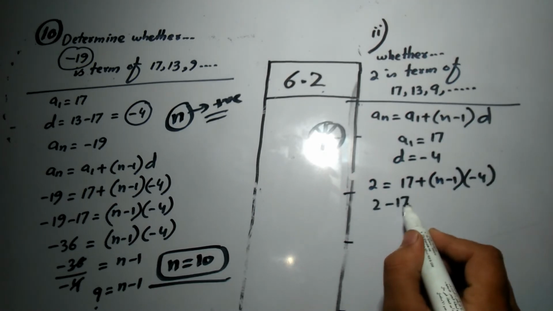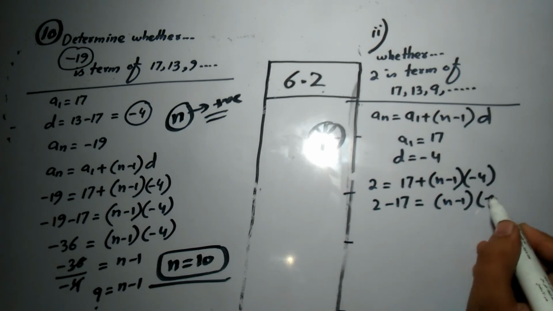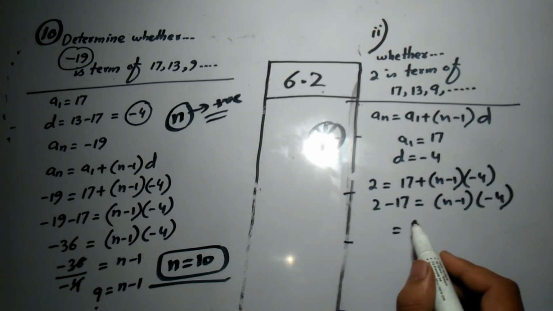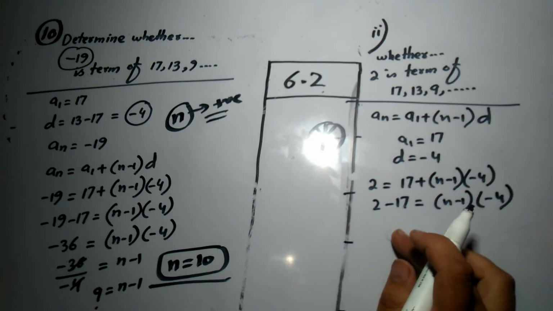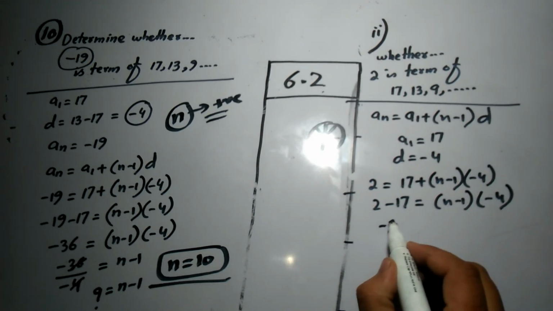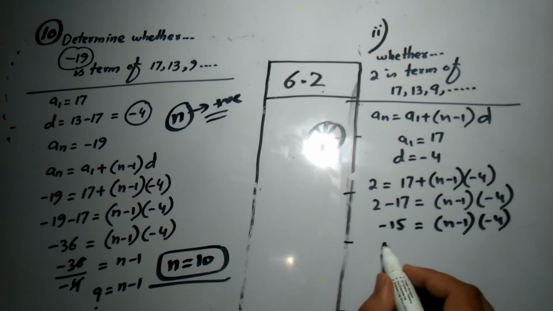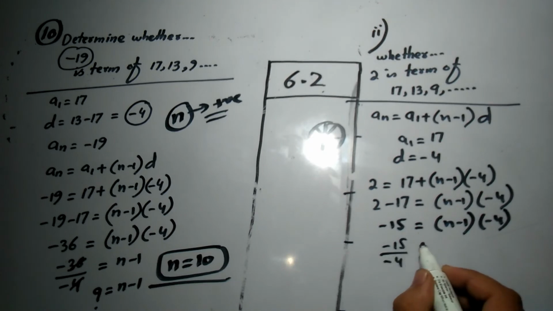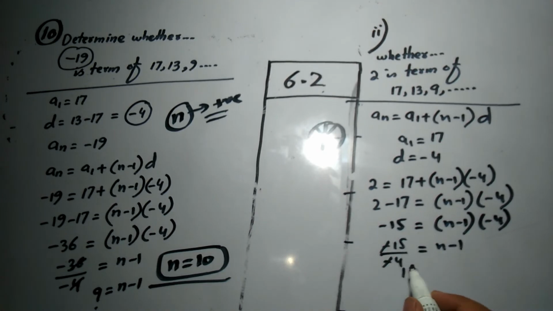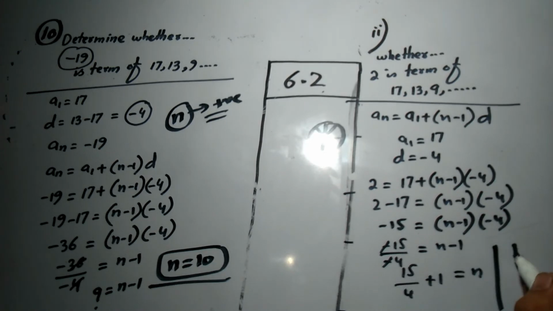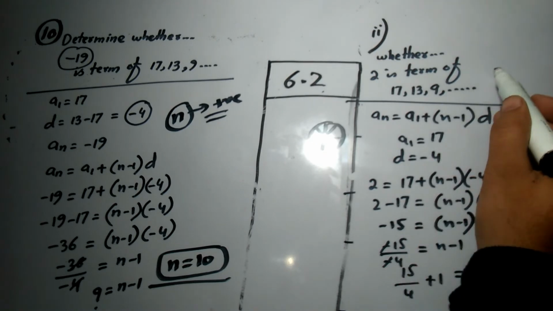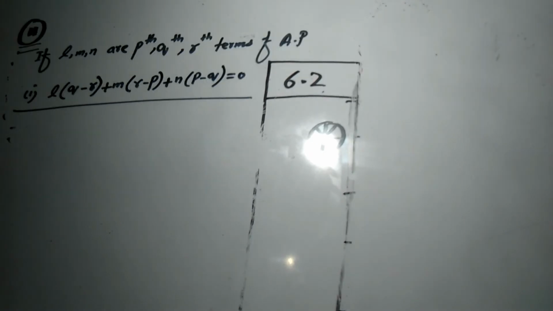So 2 minus 17, which is minus 15, is equal to n minus 1 times minus 4. So minus 15 by minus 4 is equal to n minus 1. This gives 15 by 4 plus 1, so 19 by 4 is equal to n. Because this is not a natural number, 19 over 4, 2 is not a term of the given sequence.